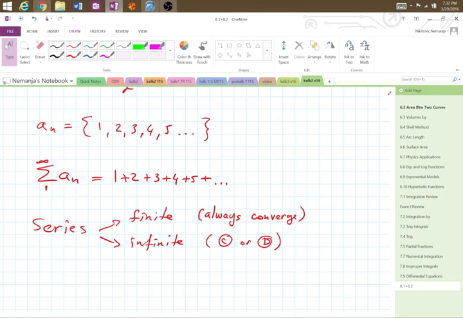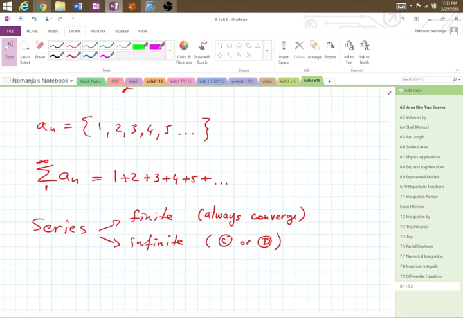But the infinite one that will have infinitely many terms, they could either converge or diverge, and that is what we are devoting the second part of this chapter, sections 8.3, 8.4, 8.5, and 8.6, to take a look at 9 or 10 different tests that will help us test this, because obviously you cannot sit there and add all of these terms up to infinity.